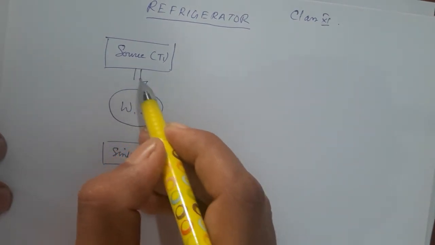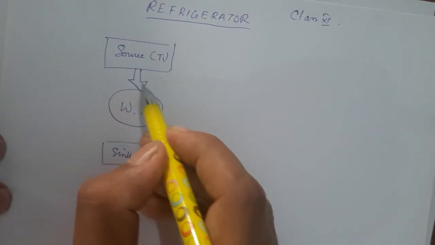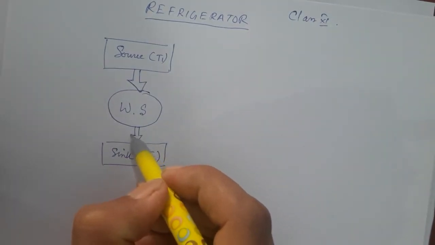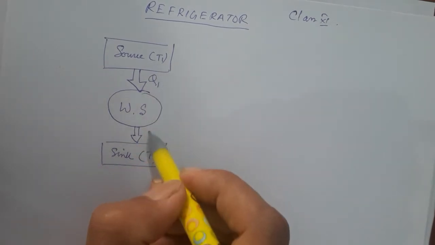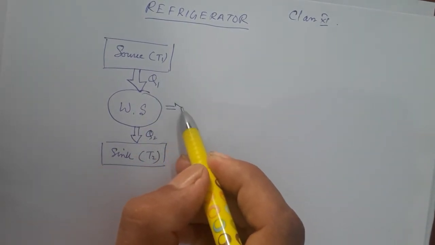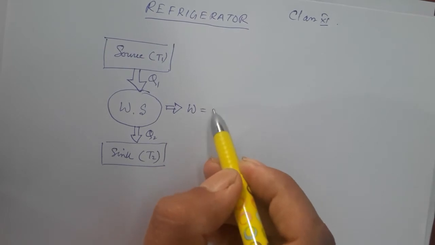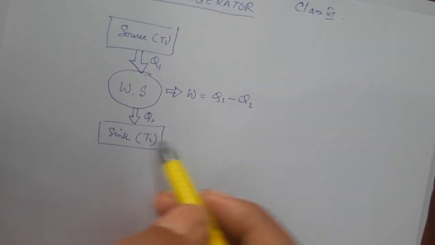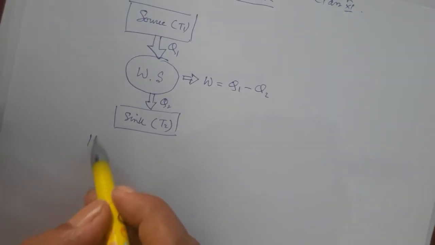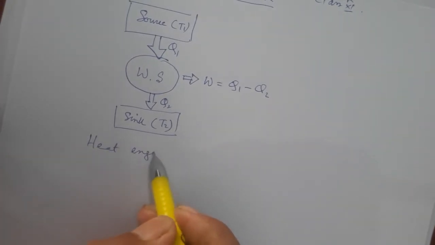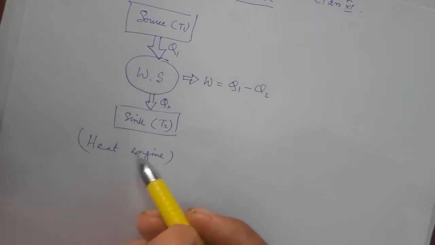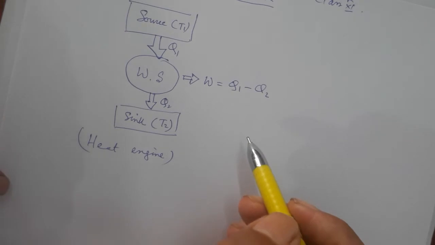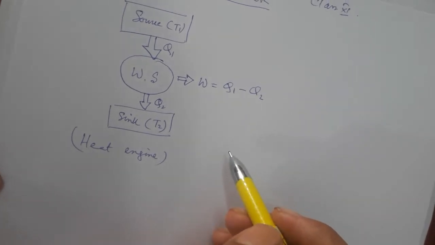Then you happen to see that the heat flows from source to sink like this. It was Q1, Q2, and the work obtained was Q1 minus Q2 here. This is what exactly happened in the heat engine.